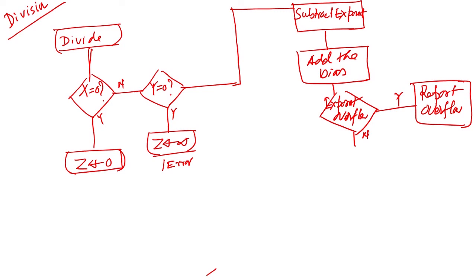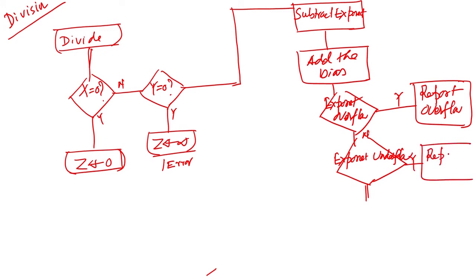If it is no, then check exponent underflow. If it is yes, then you have to report underflow.